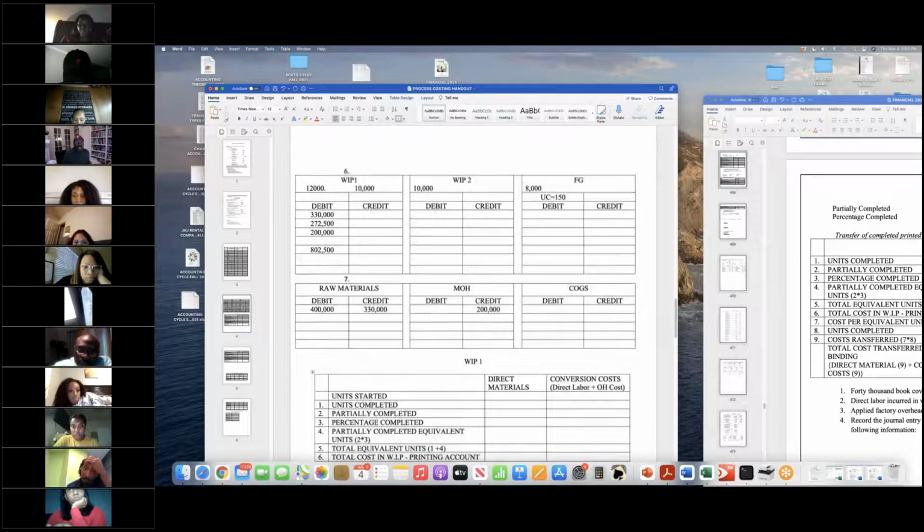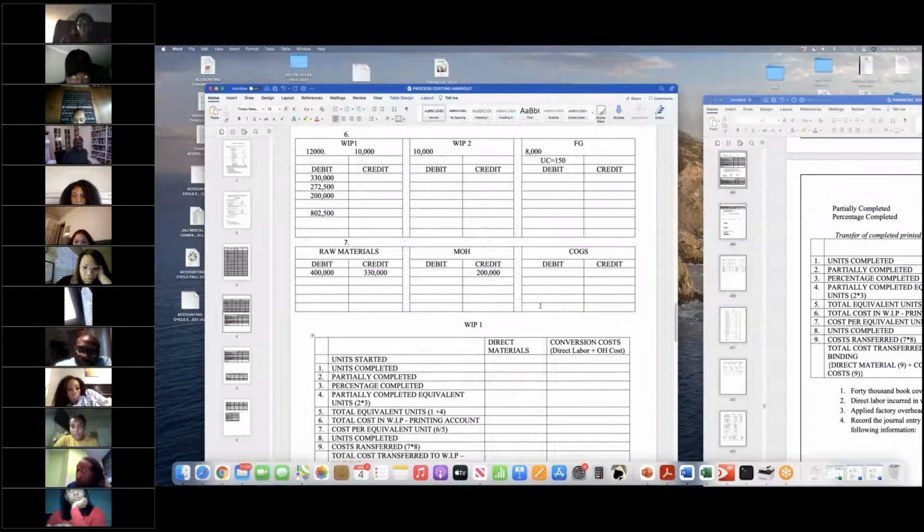So as we said, we started 12,000 units, and we completed 10,000. If we completed 10,000 and we started 12, how many were partially complete? Let's go on line 2.